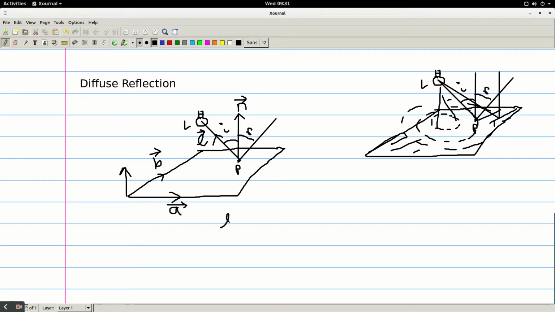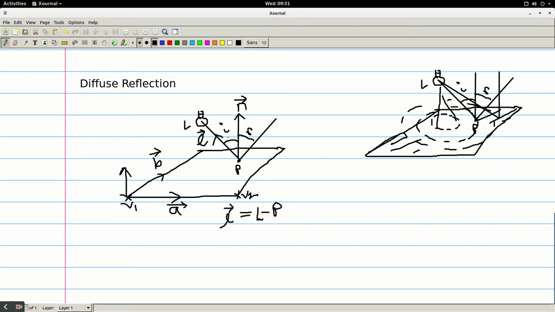Yes, we actually do, because this L vector is nothing but L minus P. Okay, and we have done this in our last class, that if you know this point and if you know this point, let's say this is V2 and this is V1, A will be V2 minus V1. And we have done this before. So we know L, we know N.